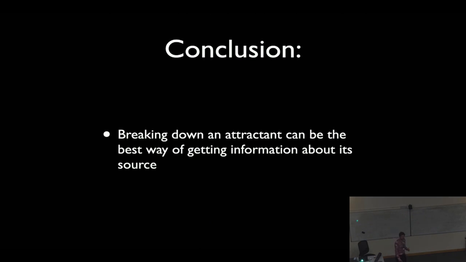So the conclusion is not just about making chemoattractant gradients, but is something much more general: by breaking down attractants and letting them diffuse, if it is tuned correctly, you can get amazing information about the environment and about what the source of the attractant is and where it is, that you would never be able to get normally. And we love this.